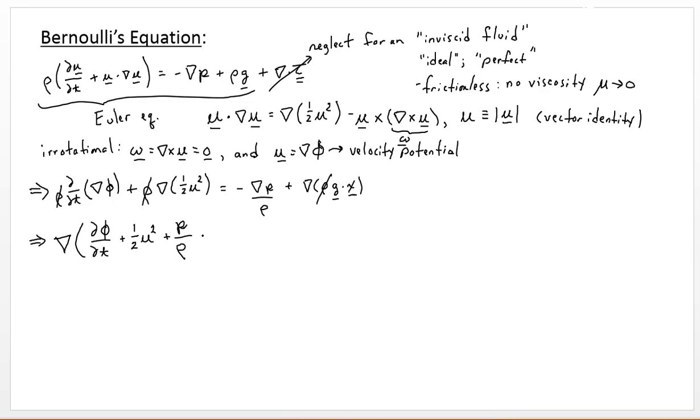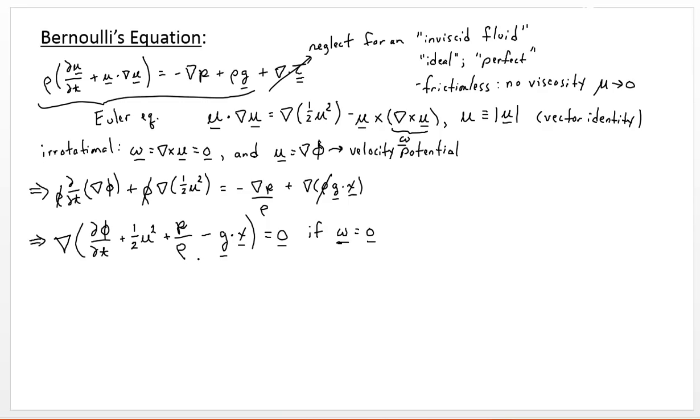And then we have minus g dot x, which accounts for the effects of gravity. And the whole thing is equal to 0 if the vorticity is equal to 0, in other words, if it's an irrotational flow.